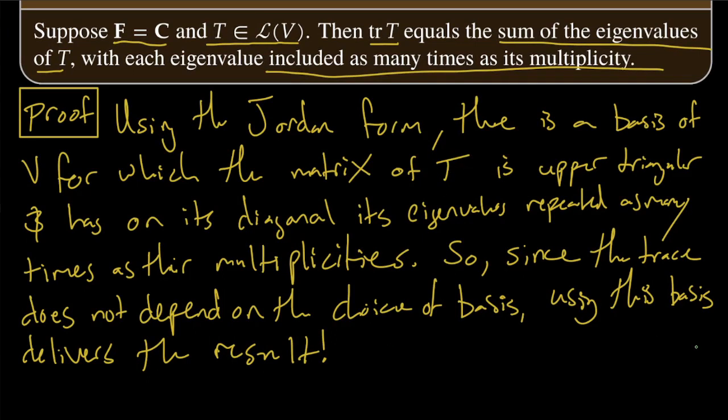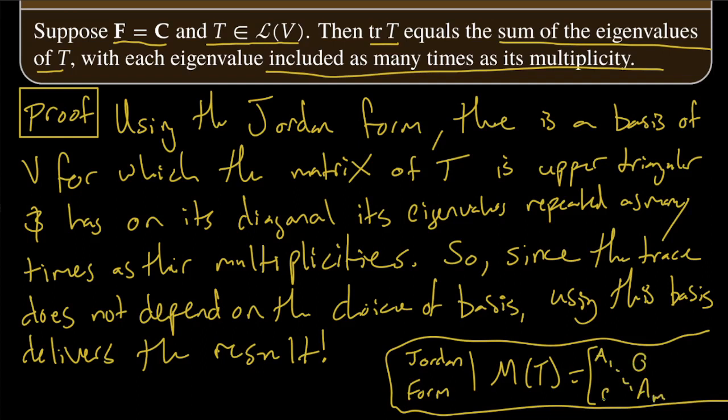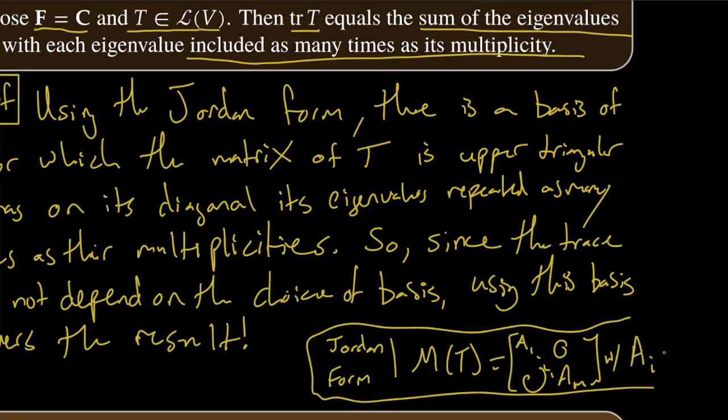If you don't recall, Jordan form says that the matrix turns into this. It's a bunch of little blocks, right? Zeros everywhere else, with A_i upper triangular, lambda_i just across the diagonal, all the way through, and then some stuff up here.